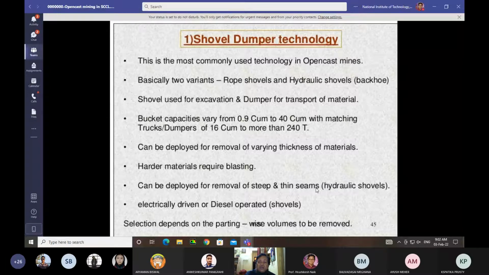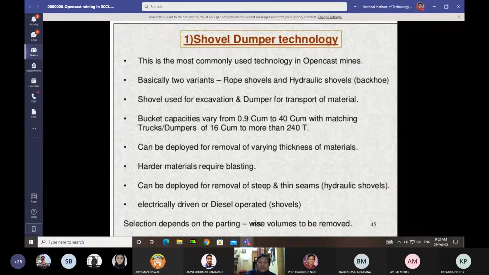Shovels are either electrically driven or diesel operated. Bigger size shovels are electrically driven, and small size shovels are diesel operated.